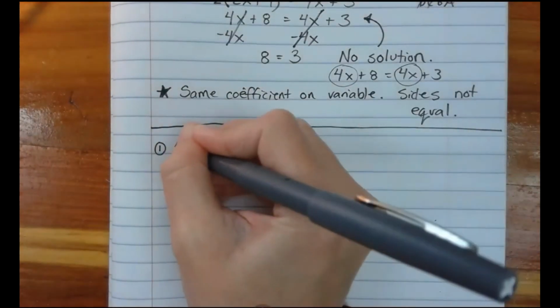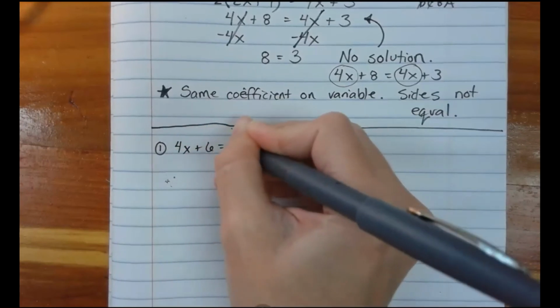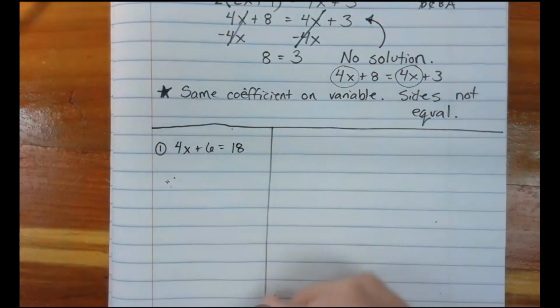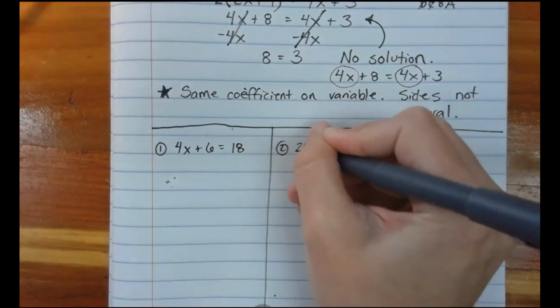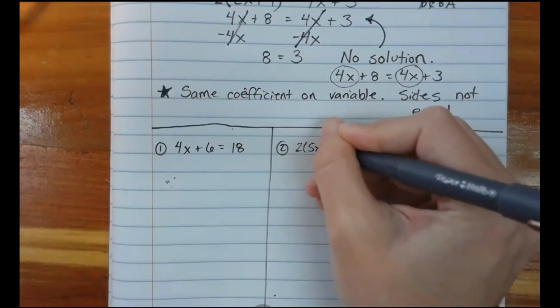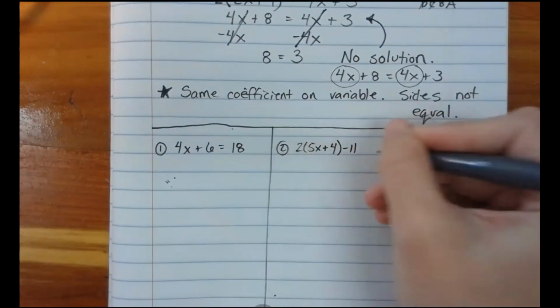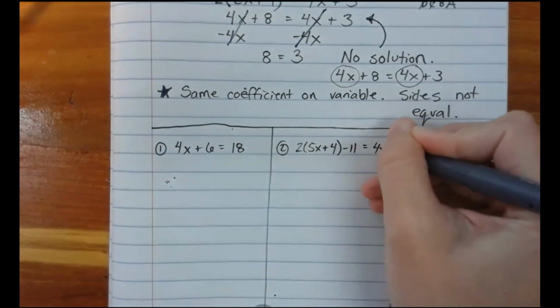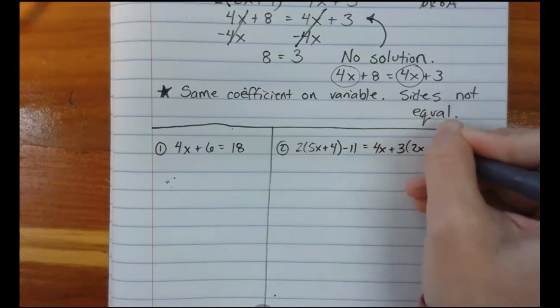The first number is going to be 4x plus 6 is equal to 18. So solve that one. The second one is going to be 2 times 5x plus 4, minus 11, is equal to 4x plus 3 times 2x plus 1.